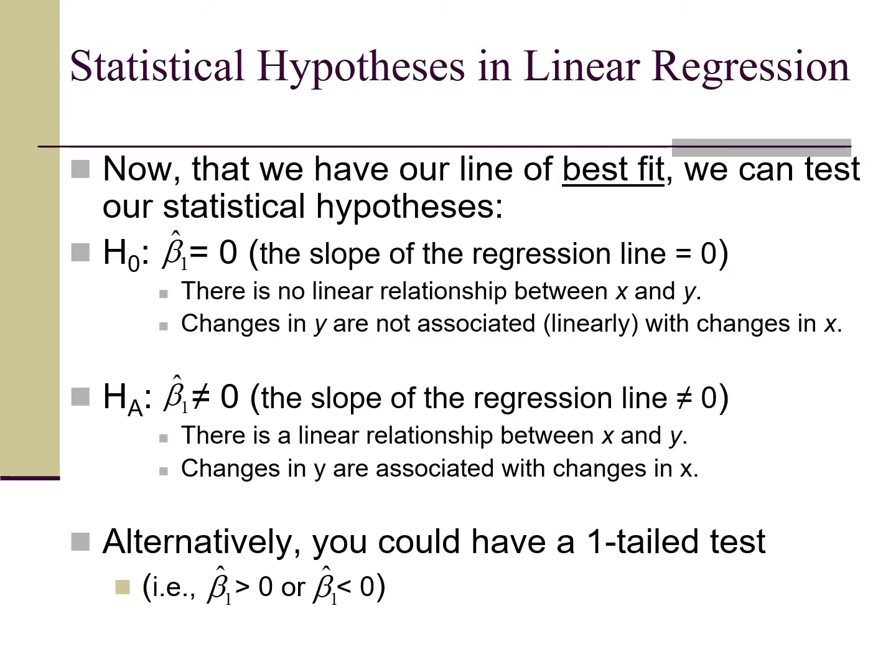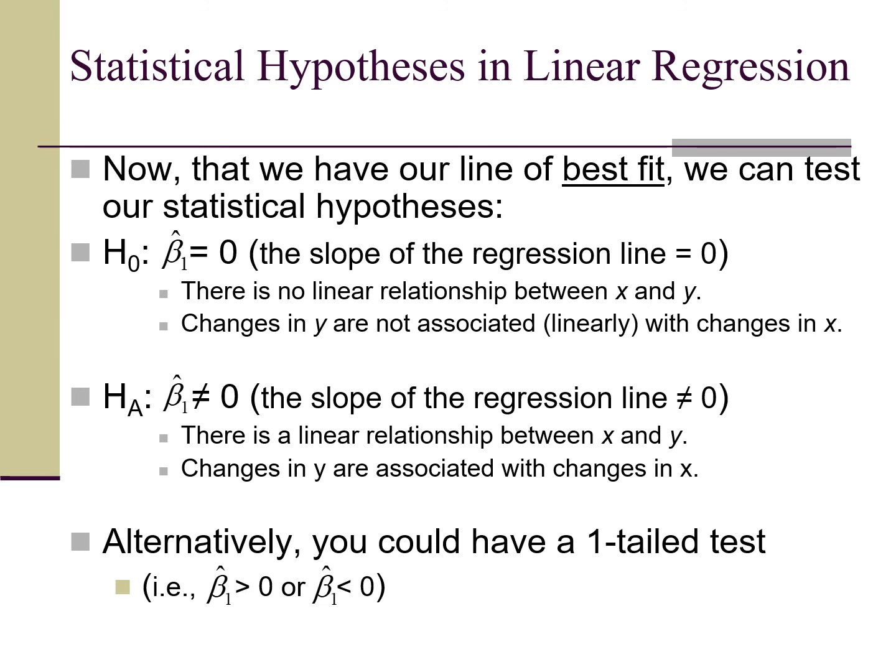So now that we have that, we can test our hypotheses. So null hypothesis, beta 1, the slope, is 0. There's no relationship between x and y. In this case, beta 0 becomes your only estimate of how many species are there. You just know, well, on average, ponds like this, they got 5 species.